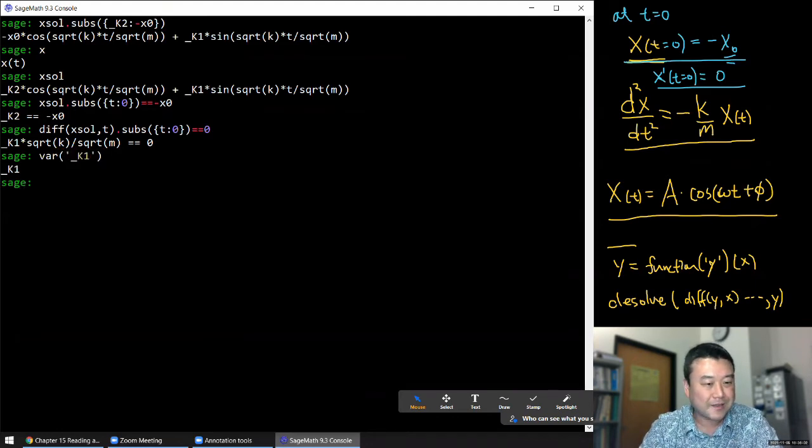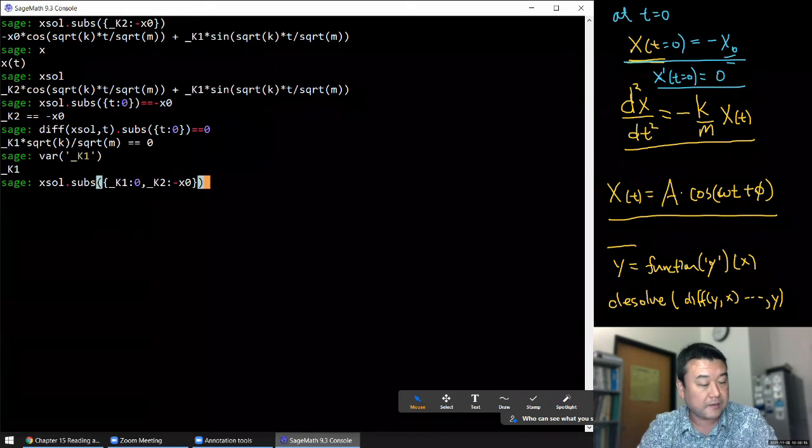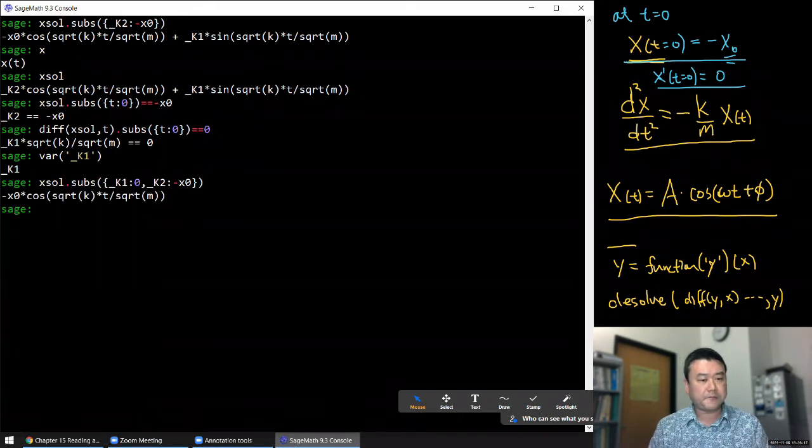Now we can substitute in these two coefficients: k1 is going to be 0, and k2 will be minus x naught. I think it's called a particular solution. This is my particular solution to this differential equation with these initial conditions.